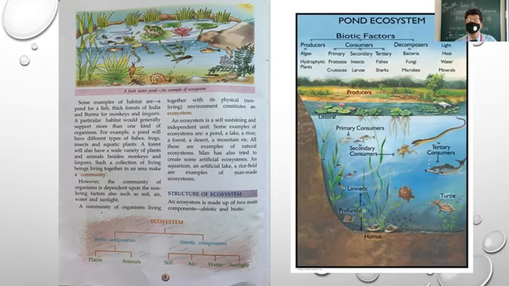There are three types of consumers: the primary, protozoa and crustaceans; the secondary, insects and larvae; and the tertiary consumers, the fish and sharks. And the decomposers, you can see the bacteria, fungi, and microbes.